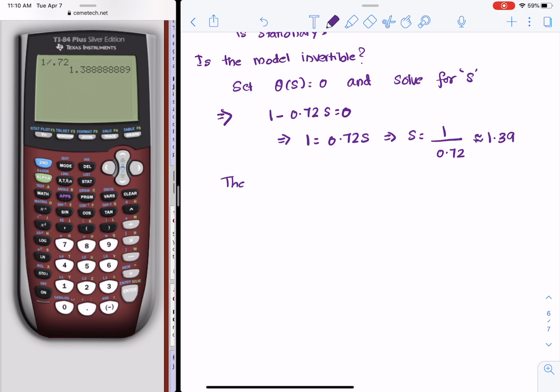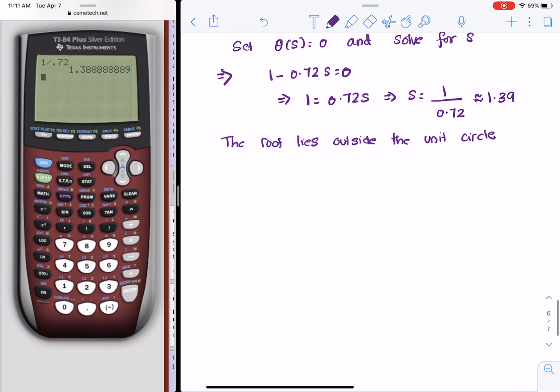So the root lies outside the unit circle, which would imply the model is invertible.